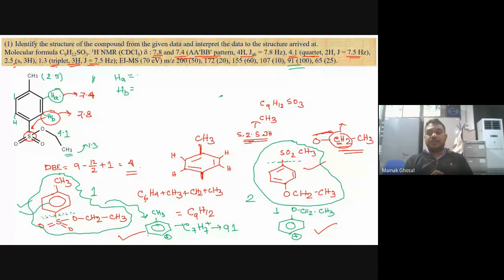The mass you get in your EIMS will tell the structure. You are getting 191 kind of thing, and here you would get 120 kind of thing. So you cannot get that kind of peak, so you remove this one, because if it were possible, breaking of the CS bond would give this structure and a peak corresponding to it in the EIMS. But here you are getting the 91 peak, so this is the possible structure.